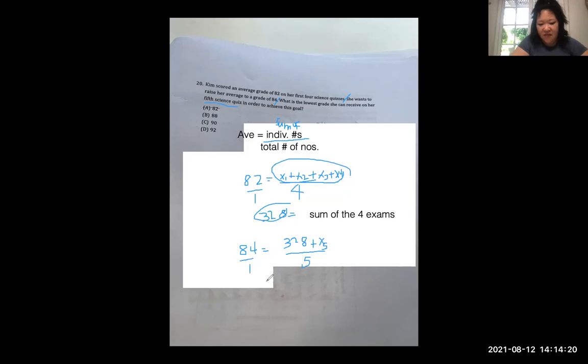4 times 5 is going to give me 20. Let me change this to black so you can see it a lot more clearly than the blue I have provided. So 4 times 5 is 0. Carry the 2, it's going to be 420. Now, the lowest she can score, after I bring down the 328 plus x sub 5.